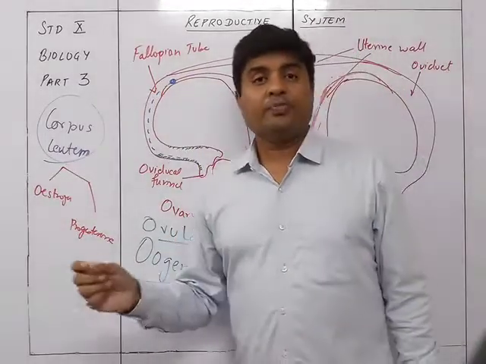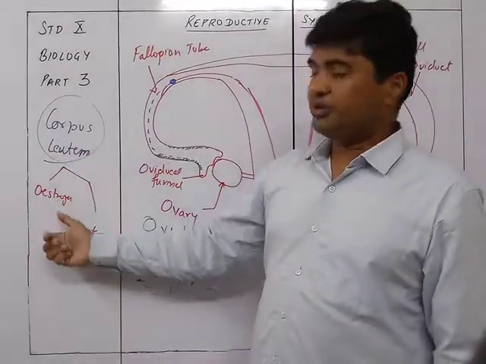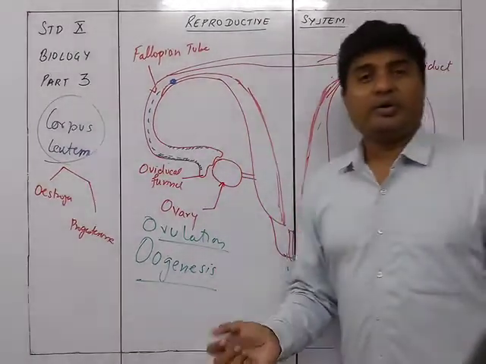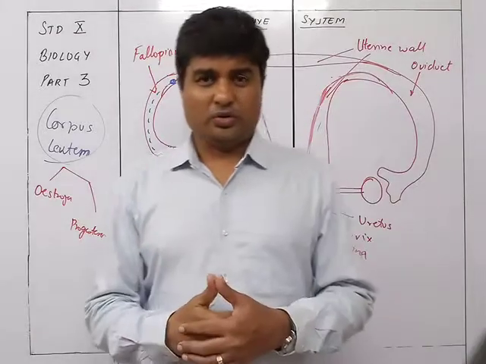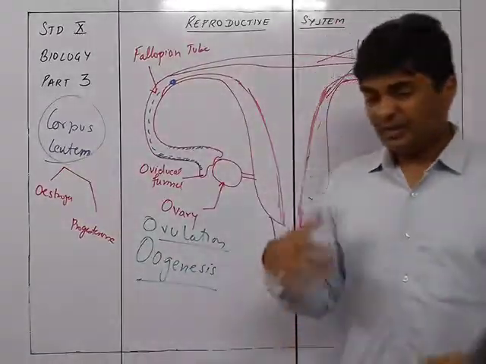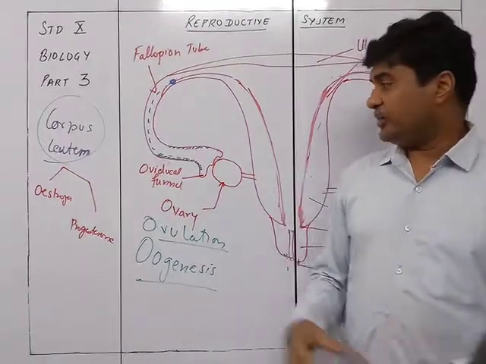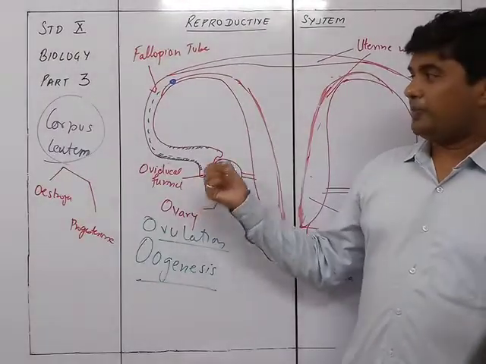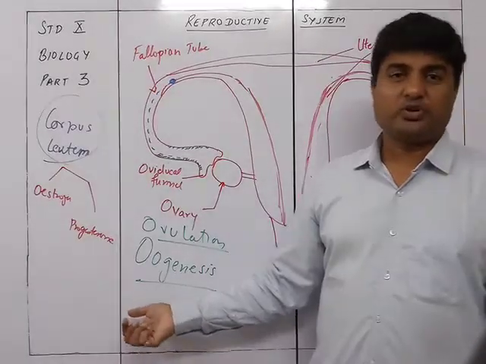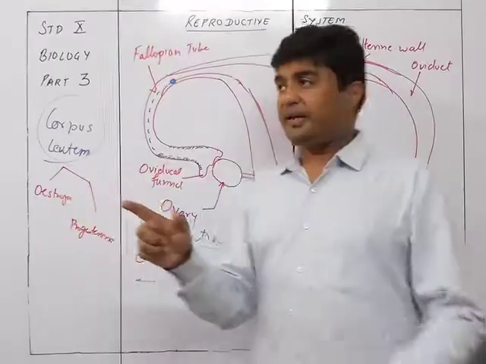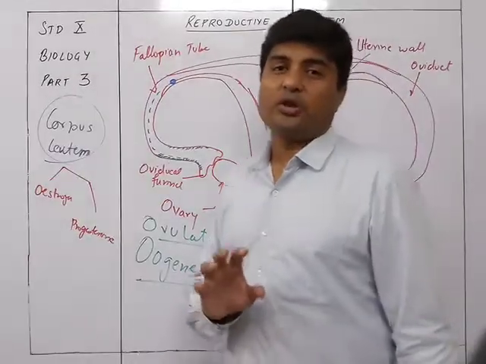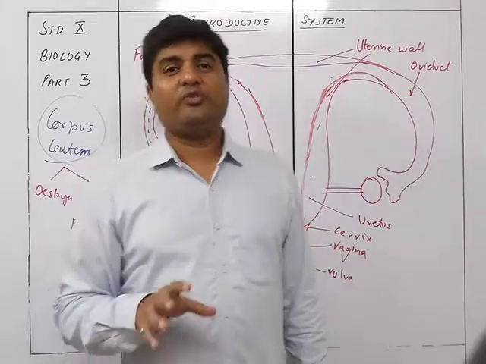At the same time, the corpus luteum is going to produce estrogen and progesterone, so that the thickening of the walls of the uterus keeps on being maintained, so that they can take in the fertilized egg. The next phase is the luteal phase, where the corpus luteum is formed, and it keeps on producing estrogen and progesterone from the 15th day to the 28th day, so that the thickened lining is preparing itself for the implantation of the fertilized egg.